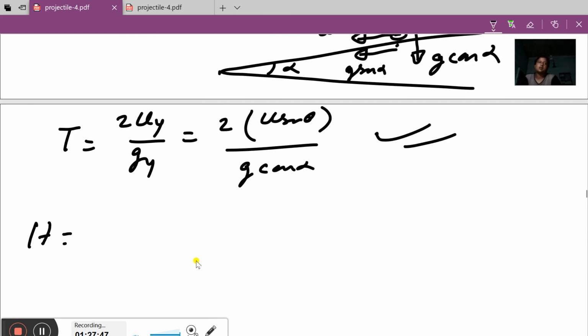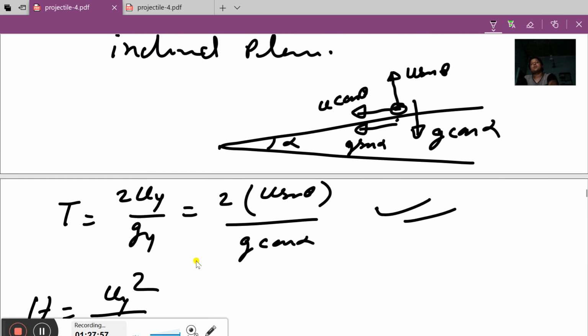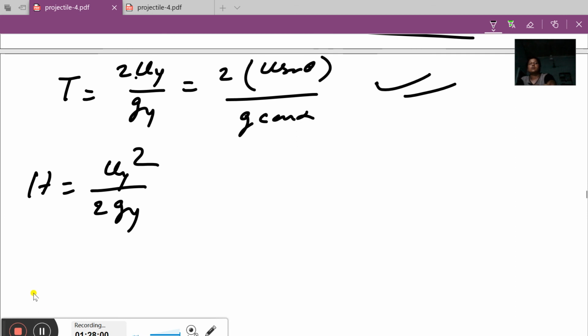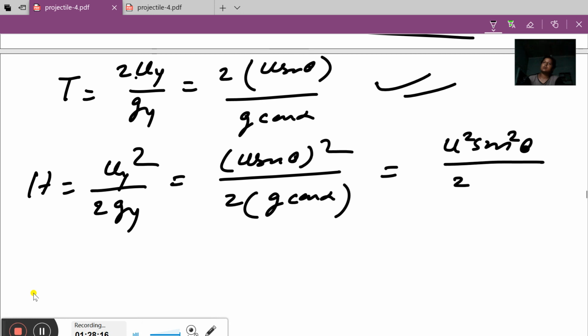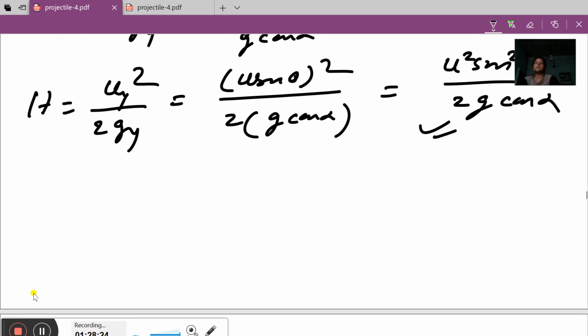What is greatest height? Trick is uy square over 2gy, which is u sin theta square over 2g cos alpha. So greatest height also remains unchanged, u square sin square theta over 2g cos alpha. This also remains unchanged.